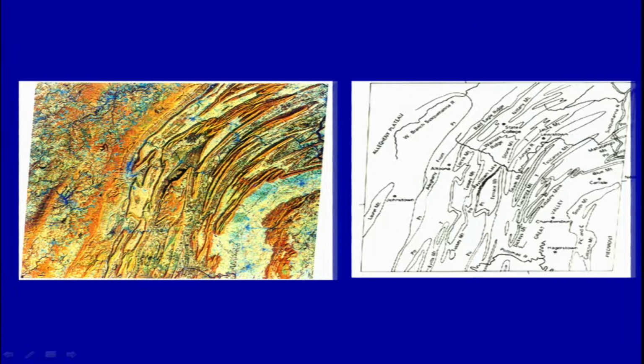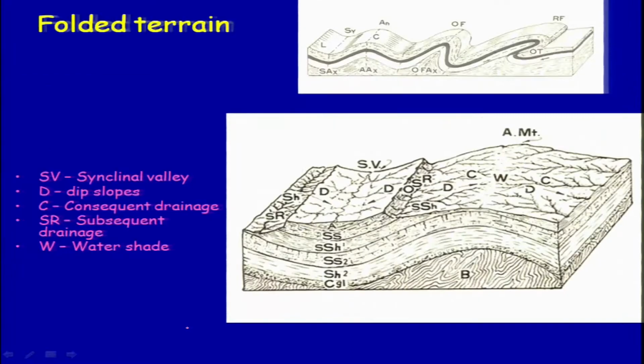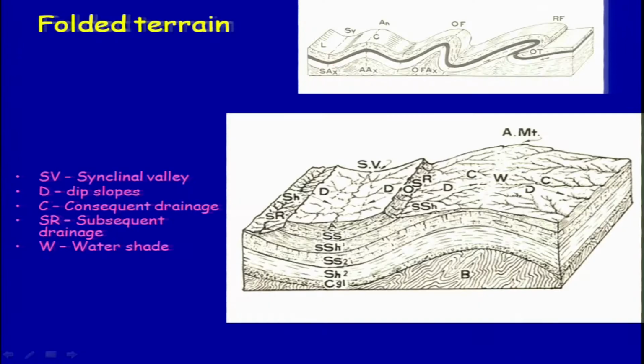experienced much deformation. These are a few more terminologies which you will be using when you are going to interpret your satellite data. This we talked about, that this is a syncline, anticline, and then if you are having an overturned fold, this is a typical asymmetrical fold, this is a symmetrical fold here, and if you are having the eroded portion here, mostly what you will see is the drainages.